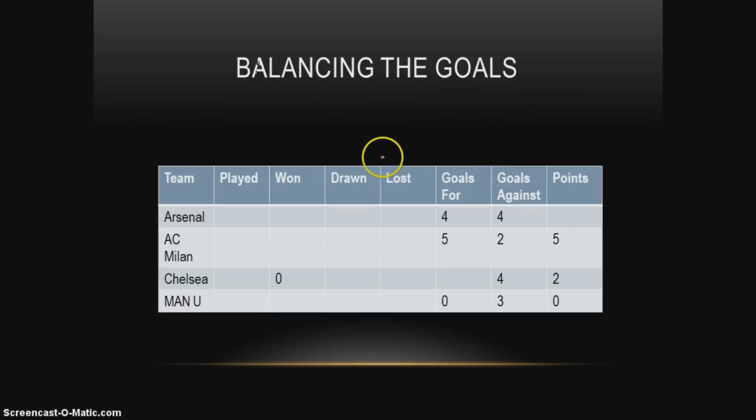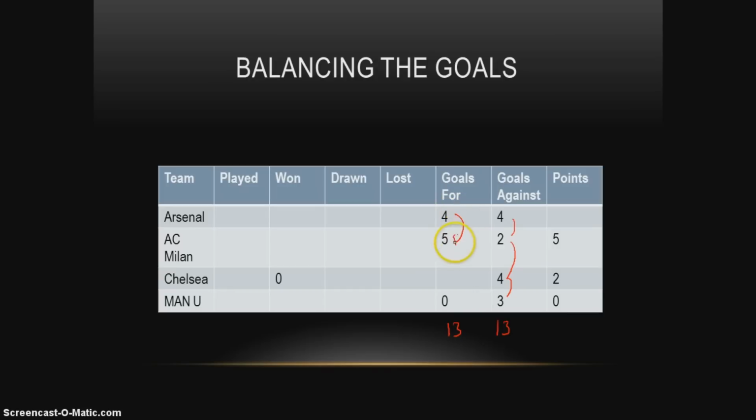So the first thing we learnt in the concept is that goals for and goals against remain balanced across the tournament. So if there have been 4 plus 2 plus 4 plus 3, that is a total of 13 goals against in the tournament, that means there will be 13 goals for in the tournament.